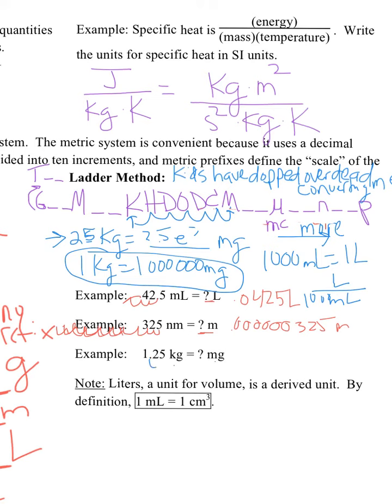So I'm going to move my decimal point 6 places to the right, because milli is to the right of kilo. And that means I'm going to add 4 zeros: 1, 2, 5, 0, 0, 0, 0. Right? So 1,250,000 milligrams. Okay.